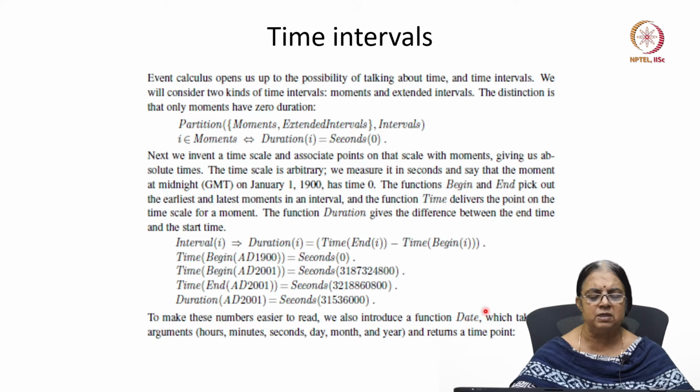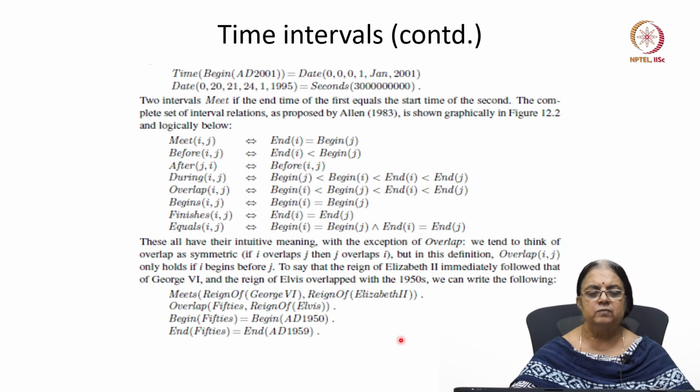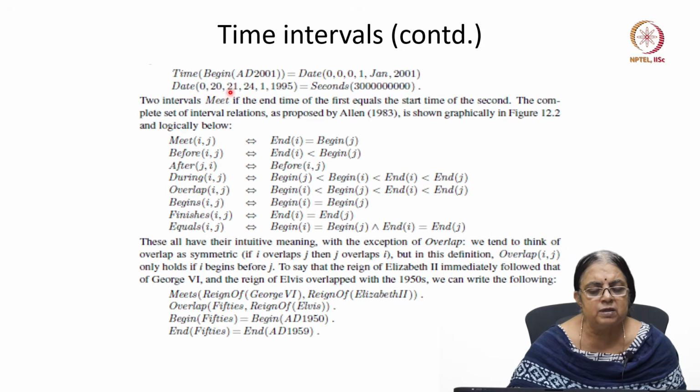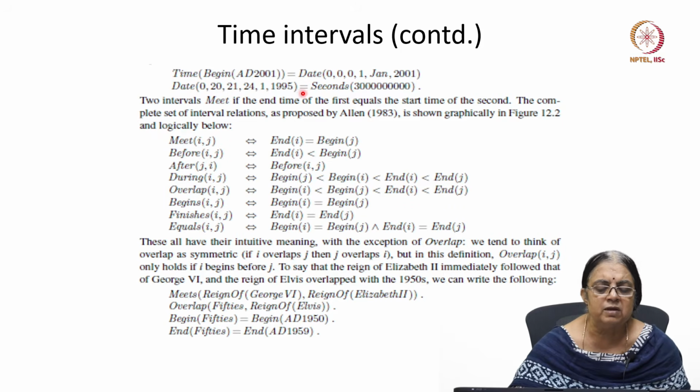It will have 6 arguments: hours, minutes, seconds, day, month and year. So something like this. Time begins AD 2001, at which time you are taking hours, minutes, seconds 0. And when you say date is 0, 20, 21, etc., you can get the seconds in terms of that date.